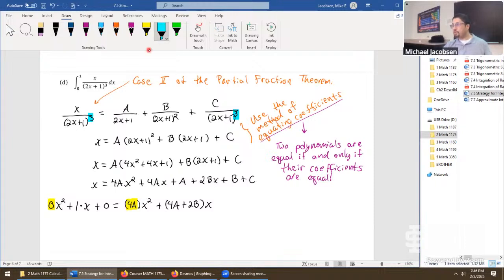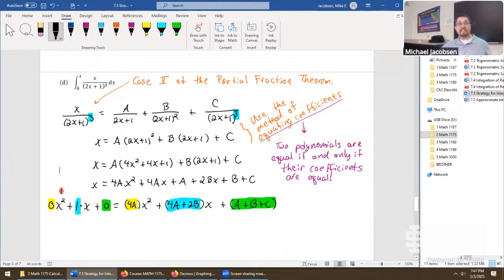Then we have a coefficient of 1, which must be equal to the coefficient 4a plus 2b. That's the only way this polynomial is truly equal. Next, we take all of our constants here. There's a, b, and c. Let's go plus, in parentheses, the constant coefficients, a plus b plus c. Now, a plus b plus c is the constant term of the polynomial. It must be directly equal to this constant term on the left-hand side.